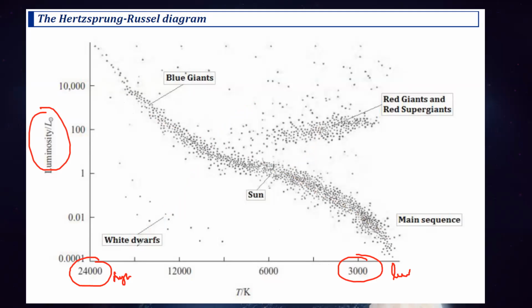But why are white dwarfs not very luminous even though they have a high temperature? Because the size of white dwarfs is very small. They have high temperature, but their size is small. The red giants have a relatively low temperature, but their size is big, that's why they give more light.